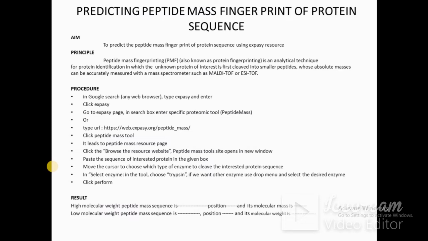Next is secondary structure prediction. We can use SOPMA, or another type of secondary structure prediction, that is GOR, G-O-R. It is also a commonly used tool. Another tool for secondary structure prediction is CFSP, Chou-Fasman, and this is also used.